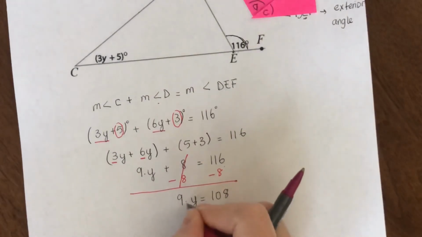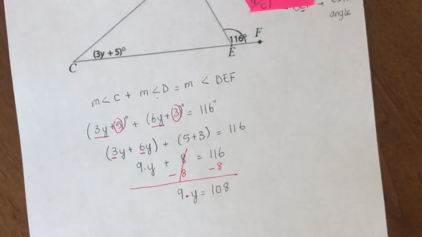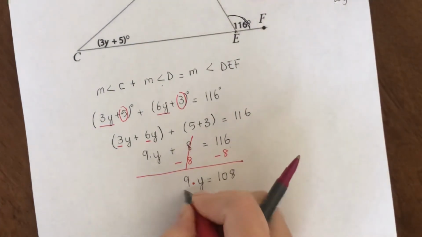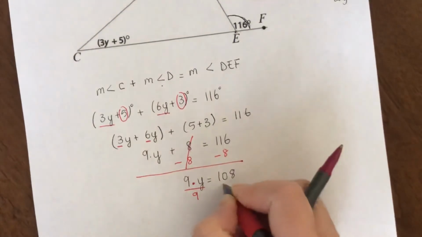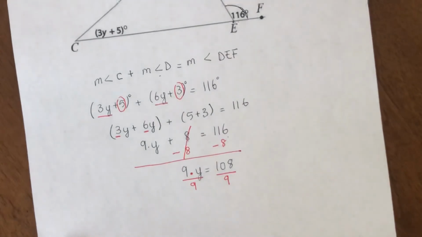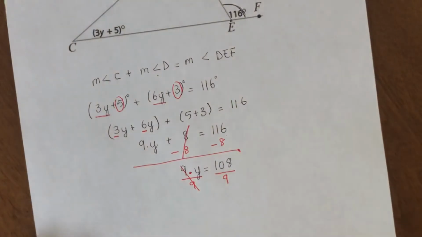This is multiplication. I want to find the y value, right? So I need to divide by 9 because I want to simplify the 9. I want to get only one times y.